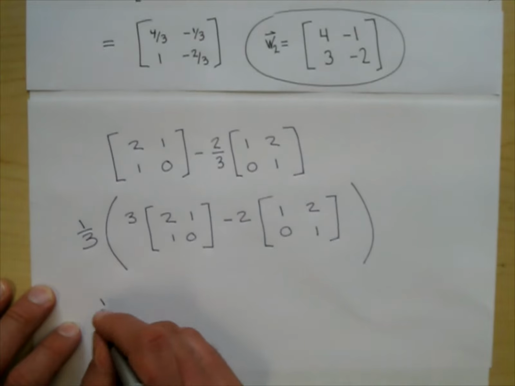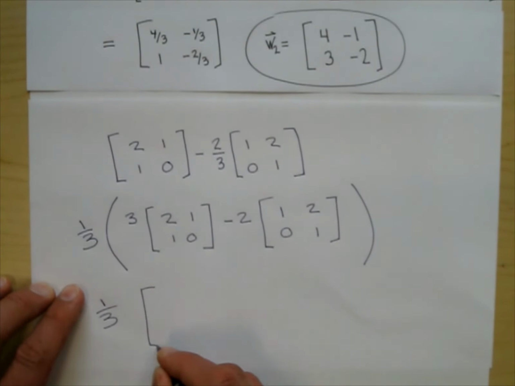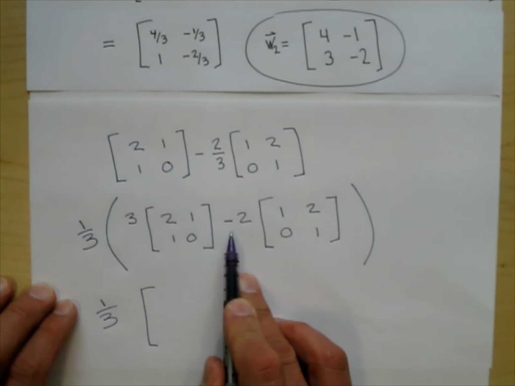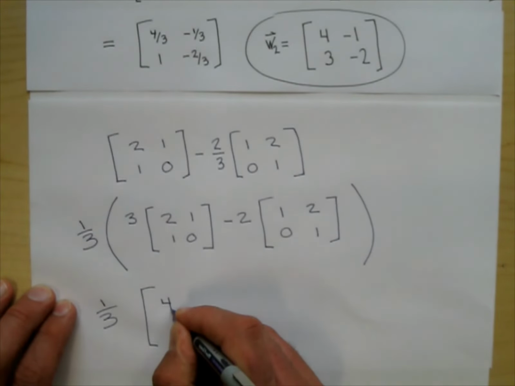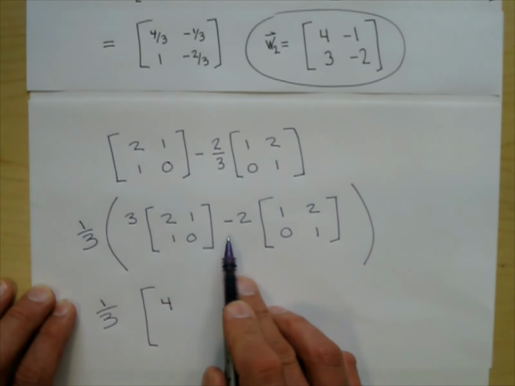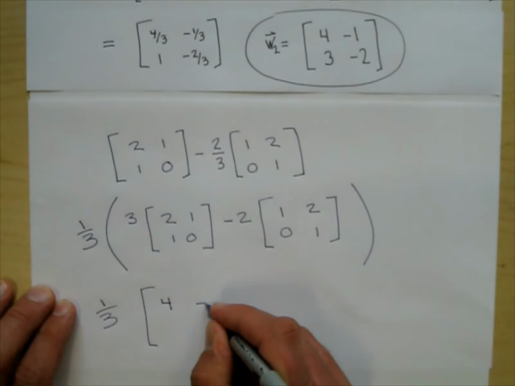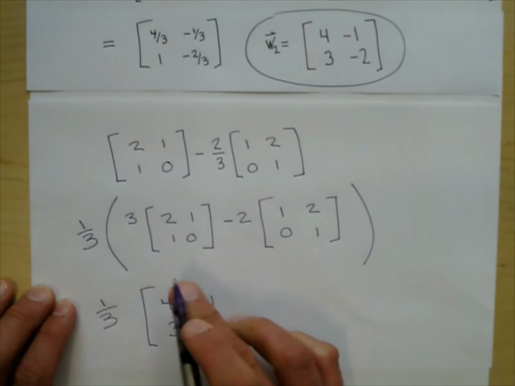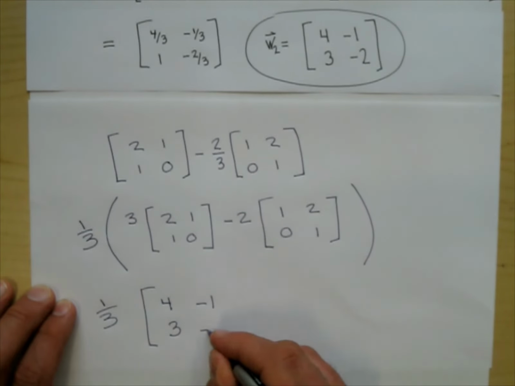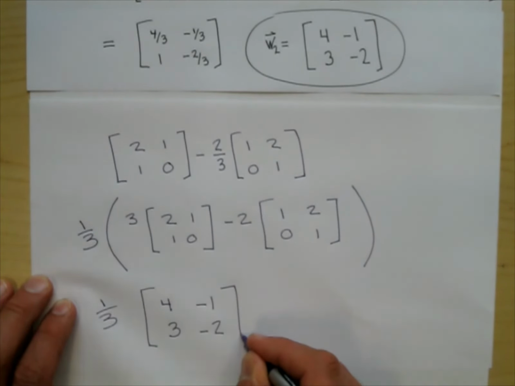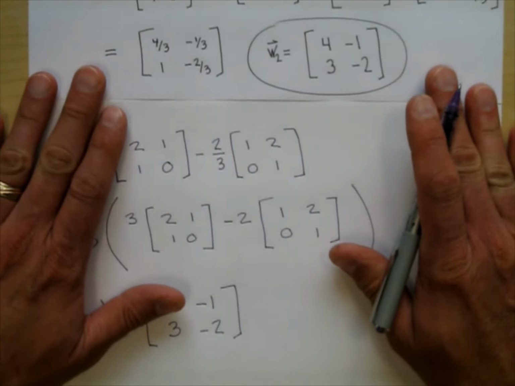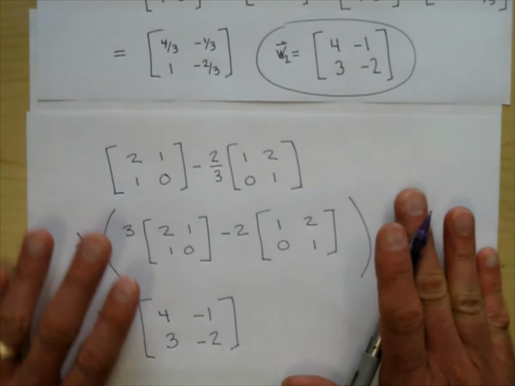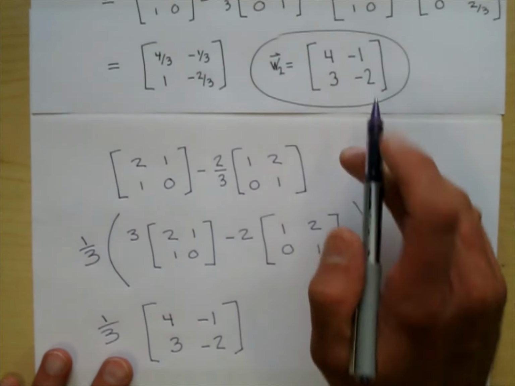So this is 1/3, and then we have 6 minus 2, which is 4, and then 3 minus 4, which is negative 1, and then I have 3, and then the 0, so that's a 3, and then a 0, and a minus 2. And so we could have factored out a 1/3 on that step.